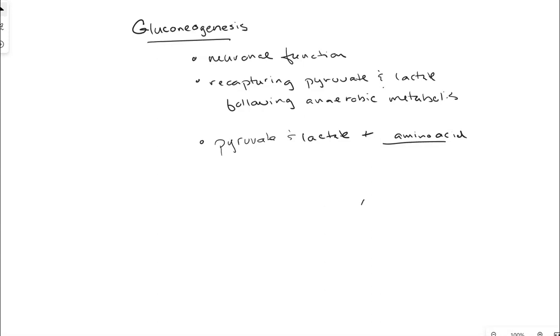Now, also, nearly all of gluconeogenesis occurs in liver and kidneys of animals. So the major sites of gluconeogenesis are liver and kidneys, and this accounts for about 90% in the liver and about 10% in the kidneys.